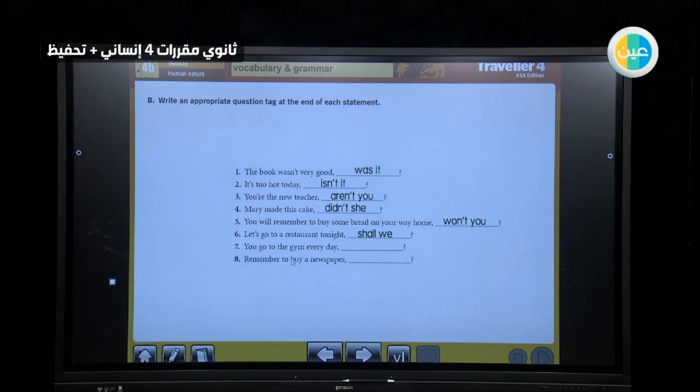You go to the gym every day. We don't have an auxiliary here, so we have to write don't you, because the sentence is in the present. Remember to buy a newspaper. This is imperative, so I have to write here, will you.